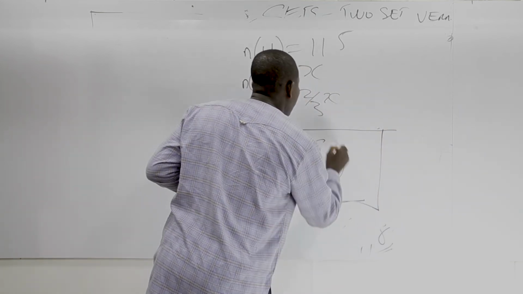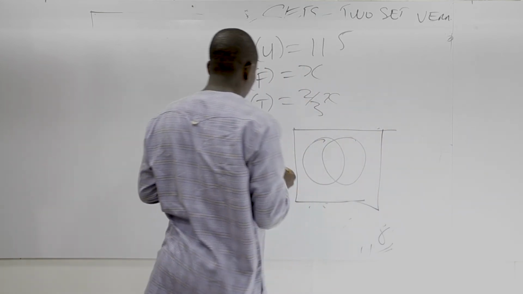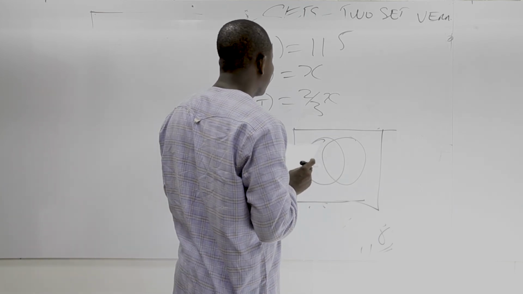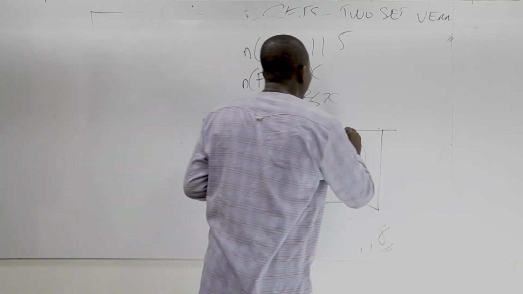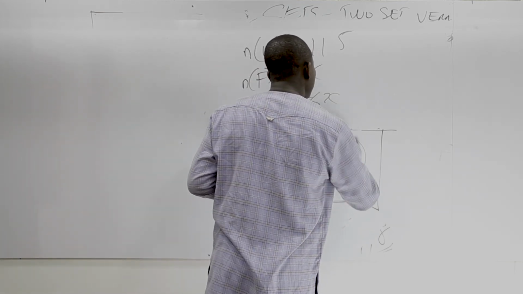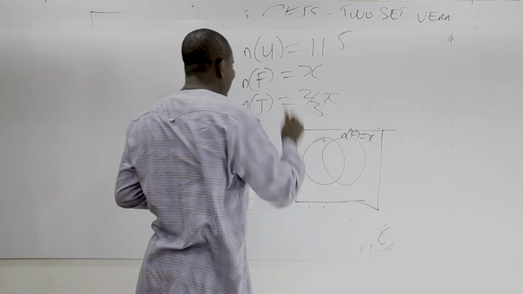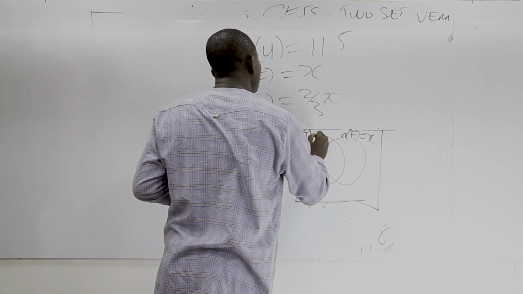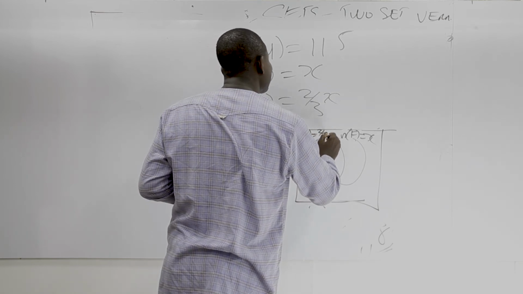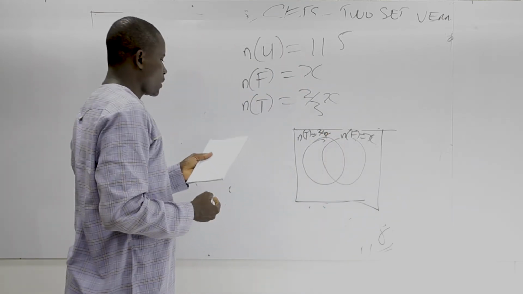Now, I have this circle and I have this, okay? In fact, NF, number football, that should be the X. So NT will be what? Will be two-thirds X, all right?